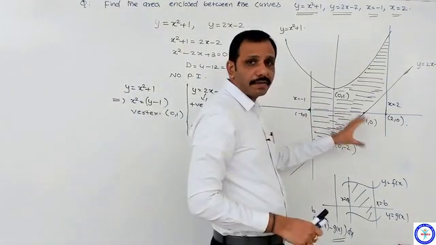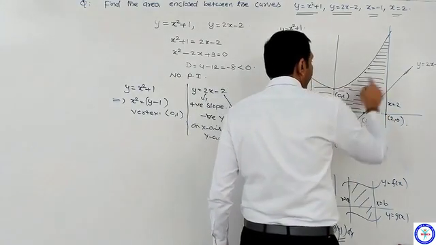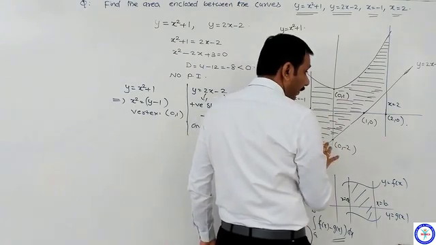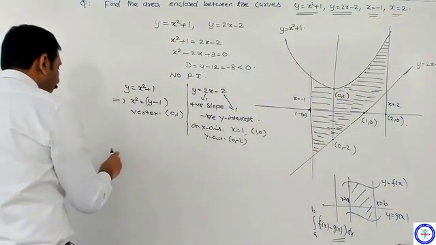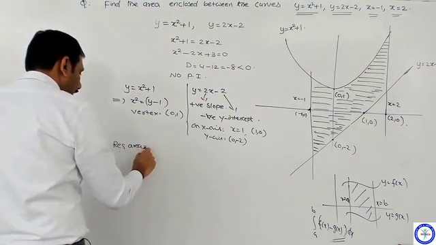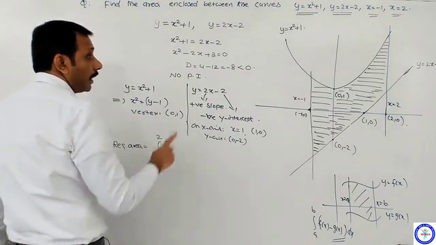Same concept here also. Integral minus 1 to 2, upper curve minus lower curve. First let me write that integration, afterwards I will explain you clearly. Therefore, required area is equal to integral minus 1 to 2, upper curve.